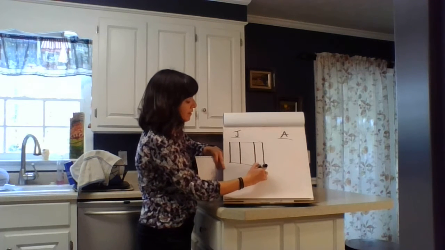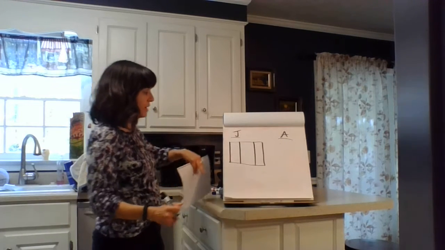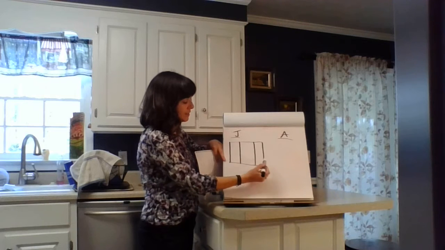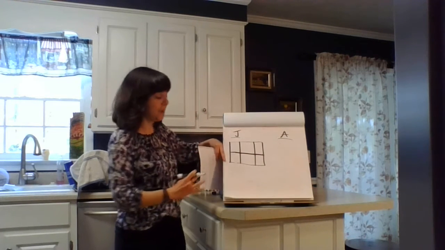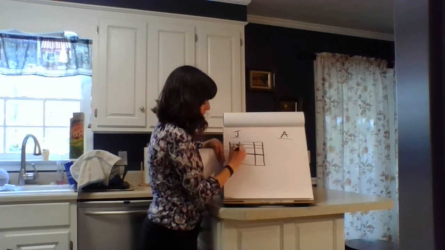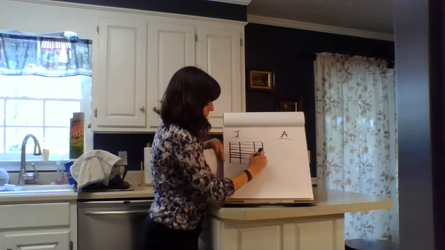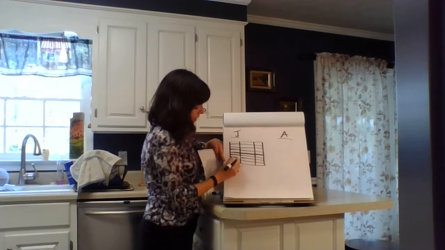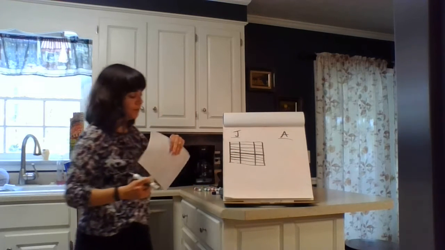So if I split it like this, I'll have 3 sections. But there's 24 pieces, so that would be 8, 16, 24. So I need to split it horizontally into 8s. Okay, so I have 1, 2, 3, 4, 5, 6, 7, 8, 8, 16, 24.